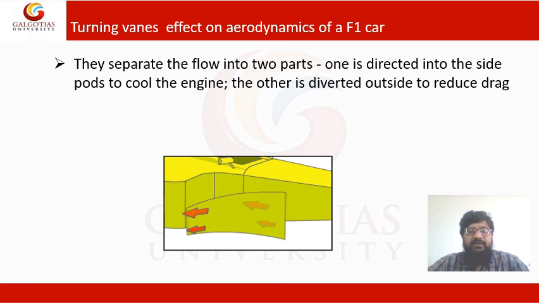One is directed into the side pod to cool the engine and the other part is diverted outside to reduce the drag. In the next slide, we will present how aerodynamics and the understanding of CFD and its application play an important role in designing an aerodynamically efficient vehicle.